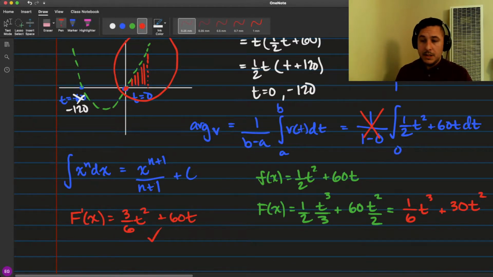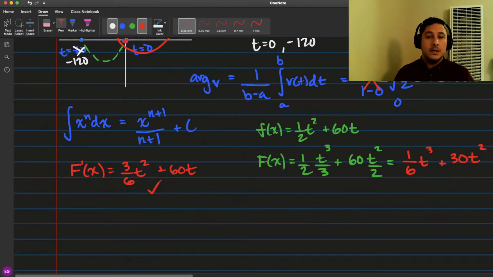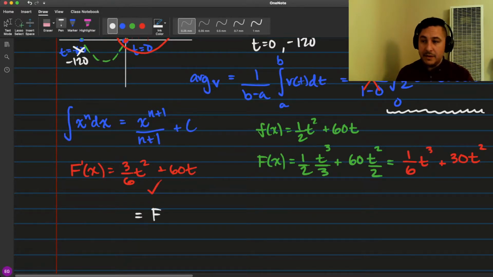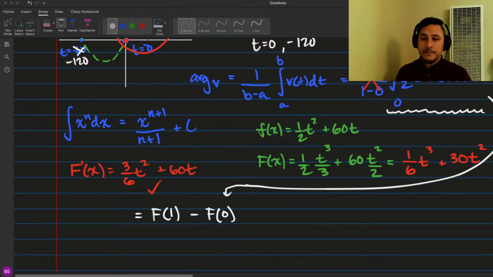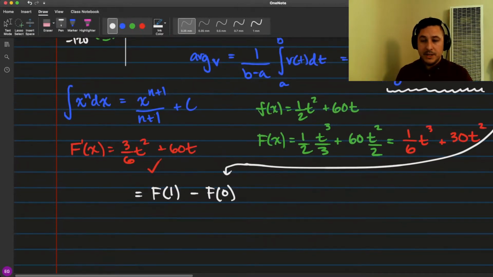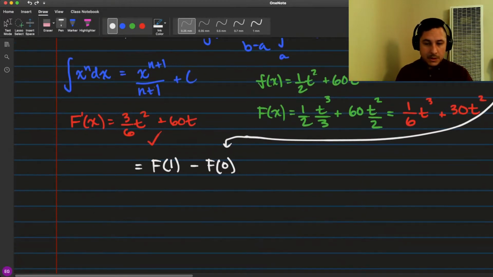Okay, so now we can go and actually use this. The Fundamental Theorem of Calculus tells us that this integral here is going to be equal to F of 1 minus F of 0, so I'm continuing this down here. Okay, so now we have to plug stuff in. So let's plug 1 into F. We'll do it in blue.